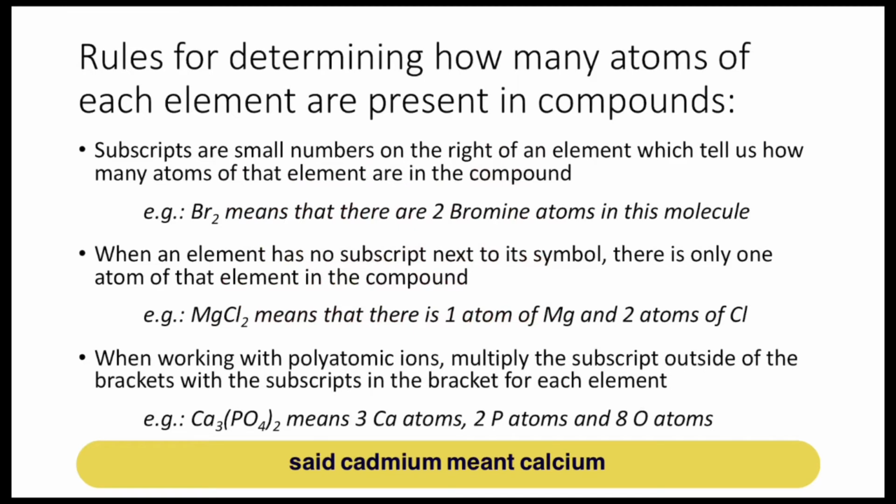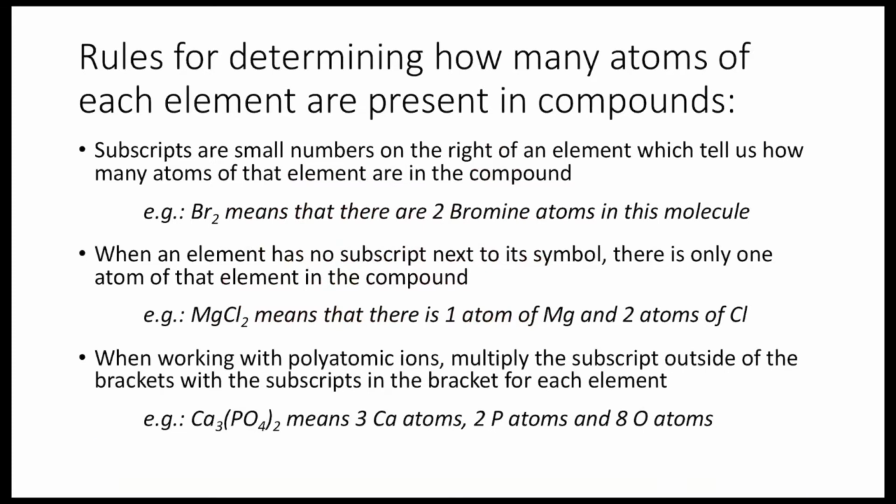So for cadmium phosphate, Cd3(PO4)2, it means that we have 3 cadmium, and then the little subscript 2 outside of the phosphate multiplies onto the 4, making it an 8, and P, which has an invisible 1, 2 times 1, meaning we have 2 phosphorus atoms. If it helps, pause for a second and reread through these rules, or you can leave them up as you're working.